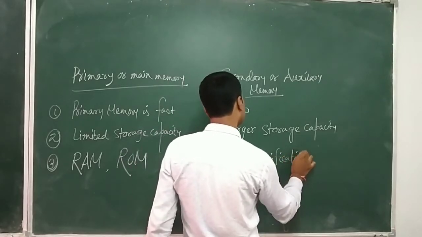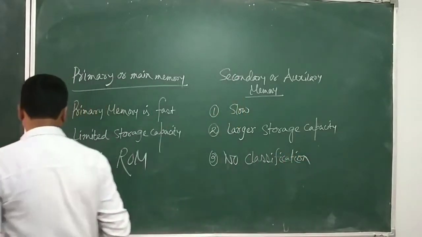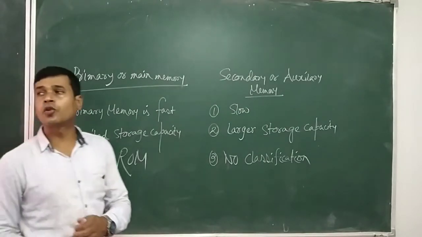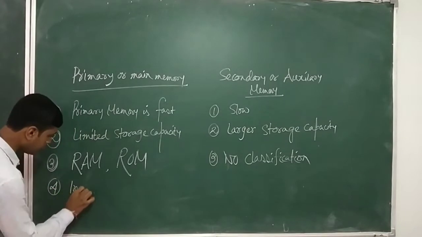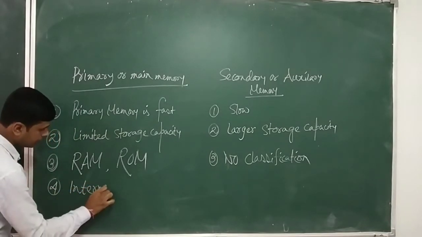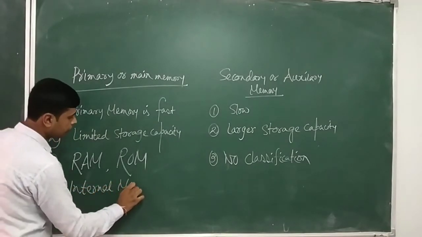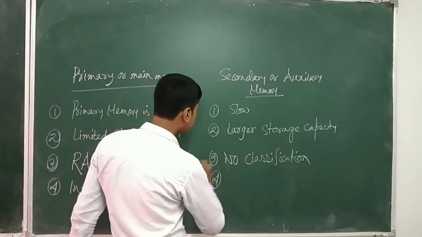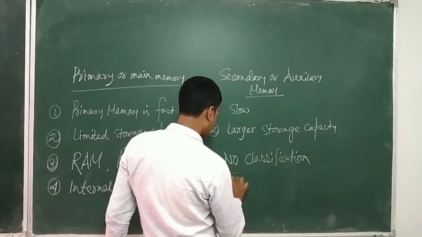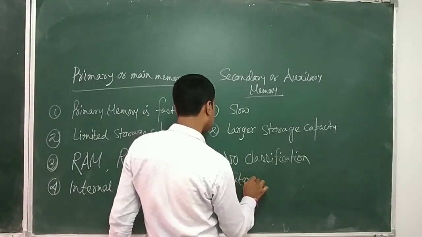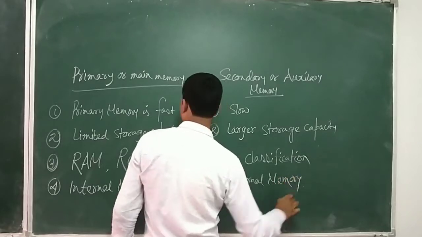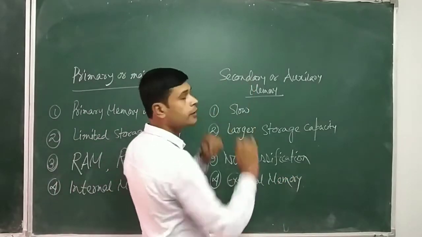Next, number 4, primary memory or main memory is called the internal memory, whereas secondary or auxiliary memory is called the external memory. These are the main differences between primary memory and secondary memory.